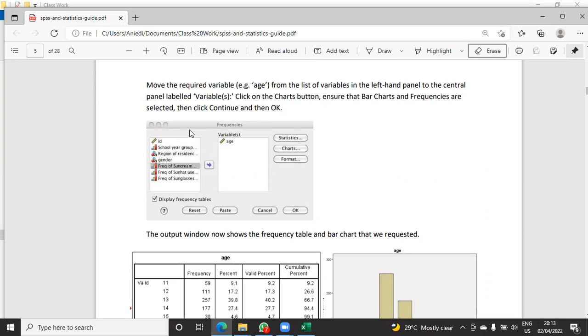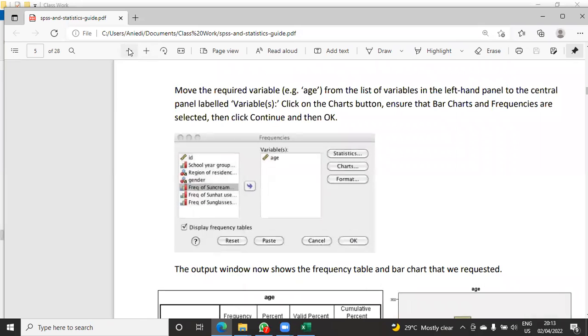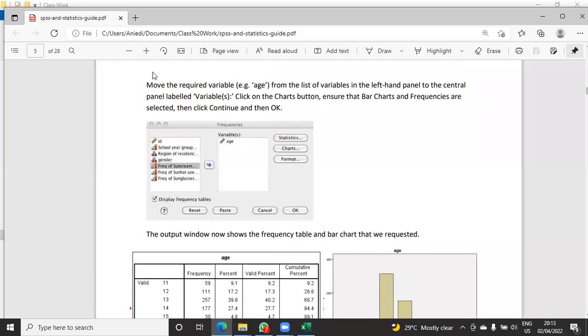Miss Rukaya, I hope you are with me. Are you there? Yes, sir. All right. Like I said, we don't want to study how to use SPSS, but I needed us to go through this sample of analysis so we can understand it.